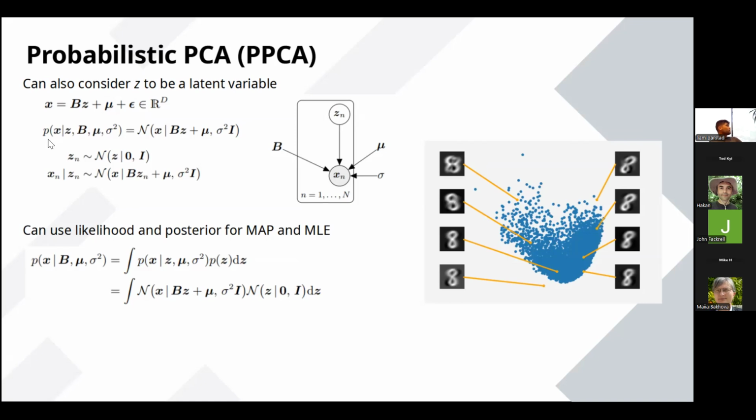Yeah, so in the book, we assume that Z is normally distributed. So this probability of X given Z, the data given the latent variables and these basis vectors and mean and standard deviation, we can turn into a Gaussian distribution of this conditional distribution.